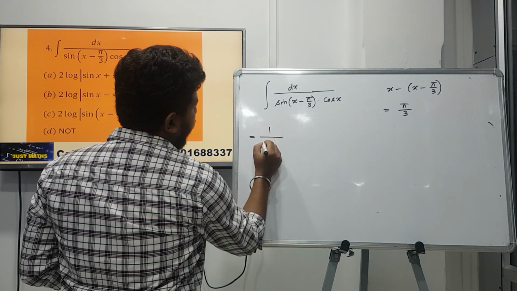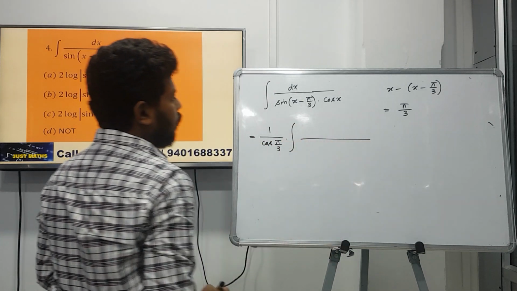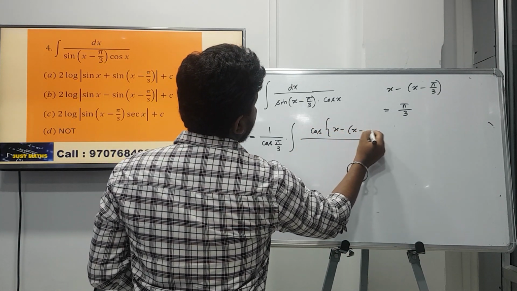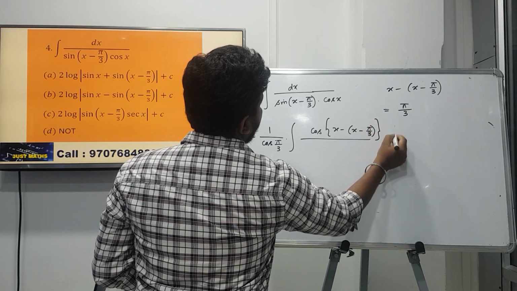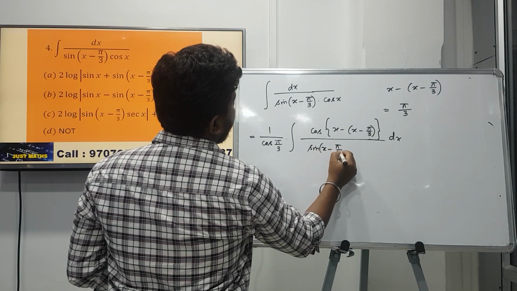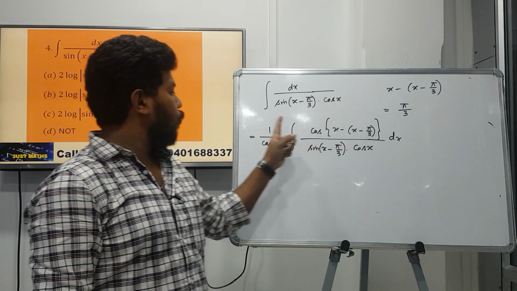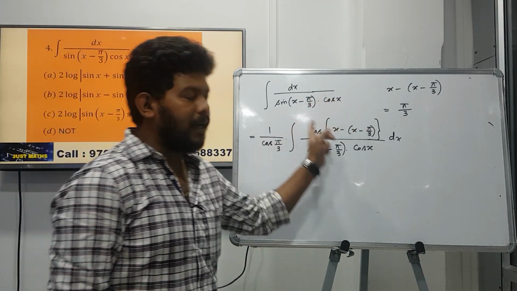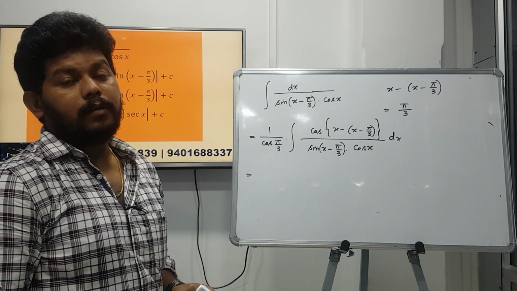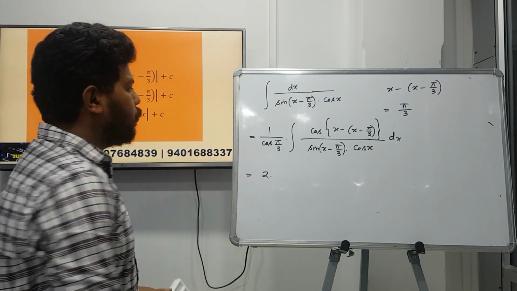Therefore, I multiply by cos pi by 3. I will get cos of x minus pi by 3 dx divided by sine of x minus pi by 3 into cos x. We multiplied by a constant, 1 by cos pi by 3 into cos pi by 3. They are the same, so cancelled. What is cos pi by 3? This is half, so 1 by half is 2.